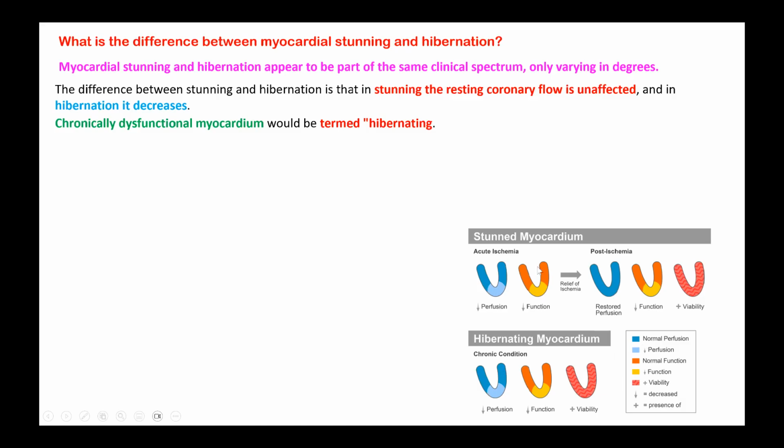That is the reason why both stunned and hibernating myocardium can get back to normal function if blood supply is restored within a reasonable time. The stunned myocardium will come back to normalcy faster than the hibernating myocardium. That is the difference that we have to remember.